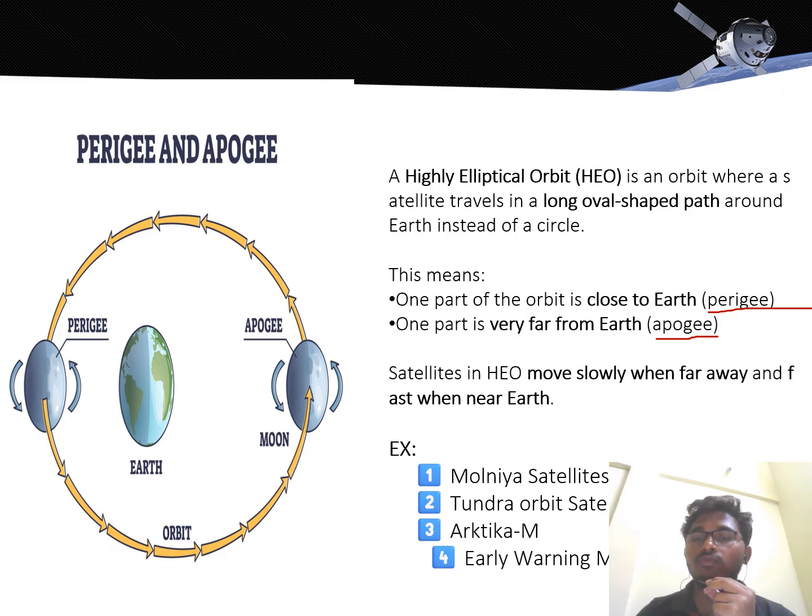Satellites in HEO move slowly when far away and fast when near Earth. These highly elliptical orbits are usually developed for monitoring the poles, south and north. Now we see the examples: Molniya satellites, Thunder orbit satellites, Arctic satellites, early warning satellites. These are examples of highly elliptical orbits.